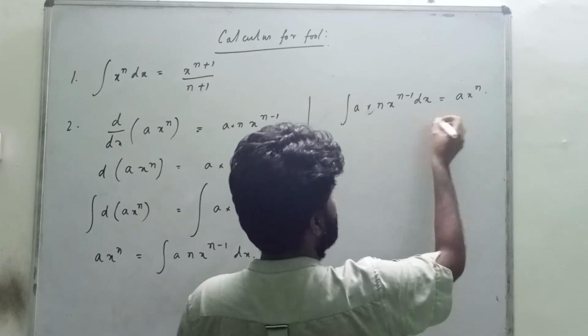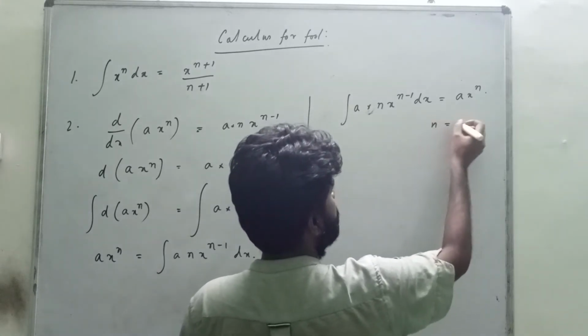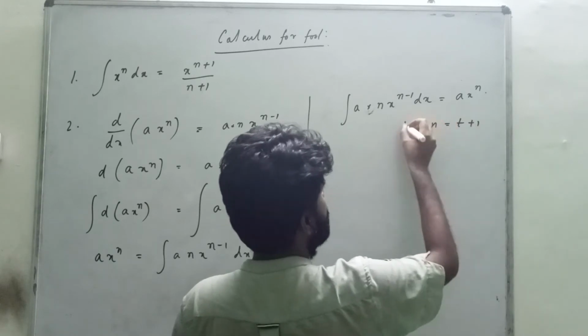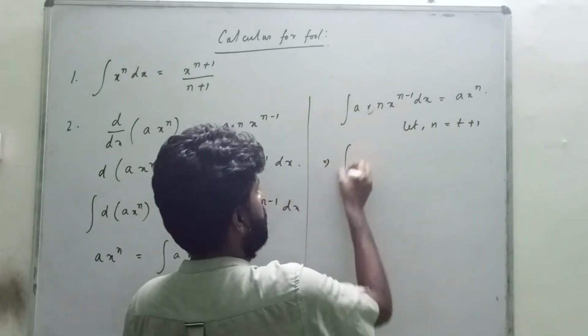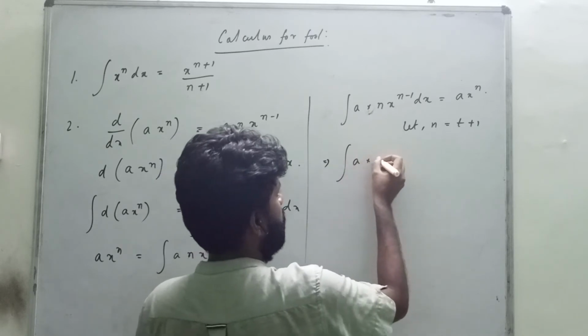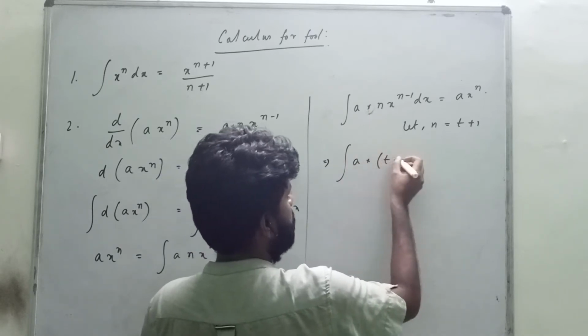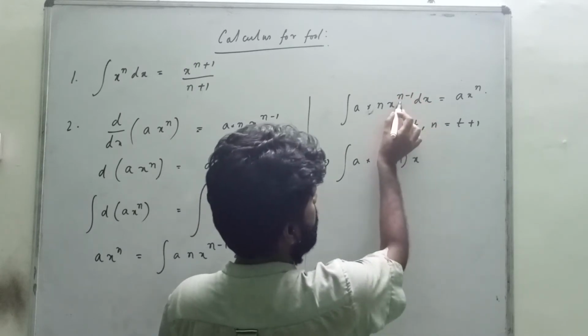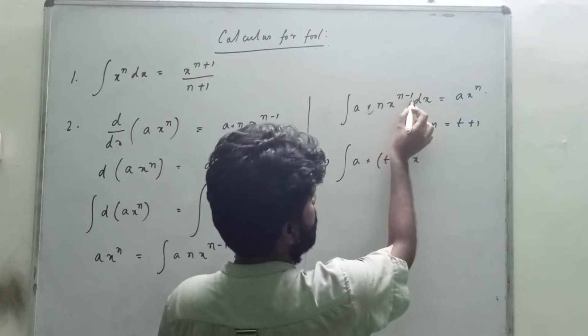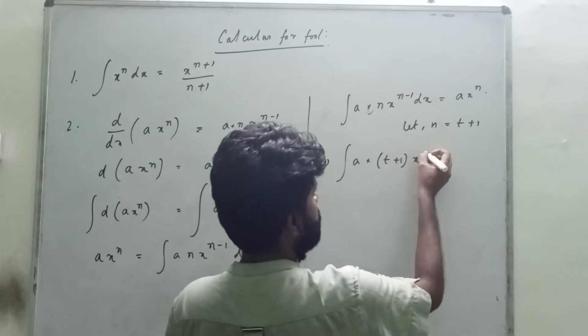Let n equal t plus 1. Then n means t plus 1, so instead of n you write t plus 1, and the minus 1 cancels out.